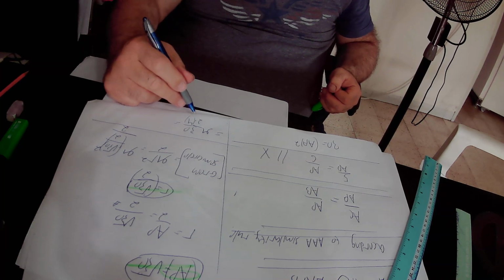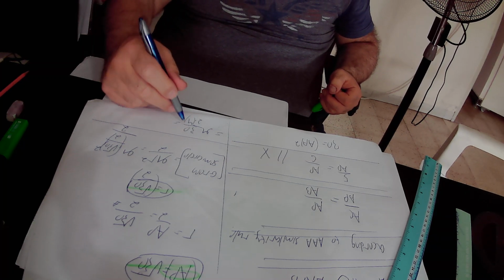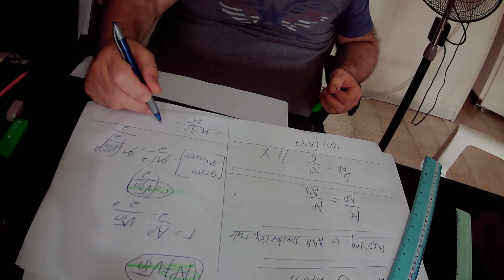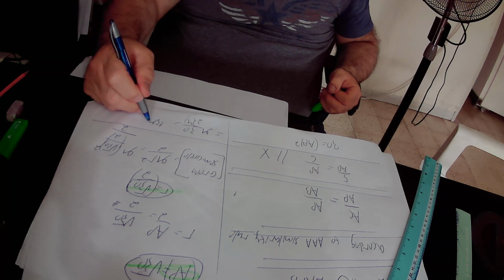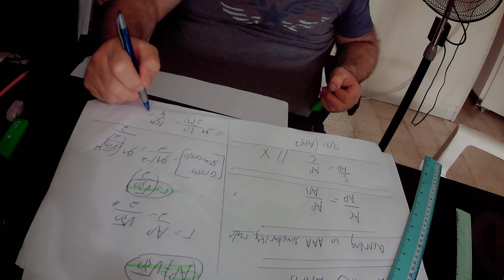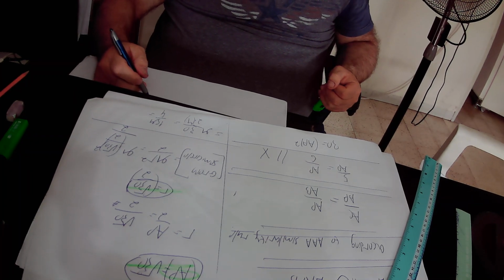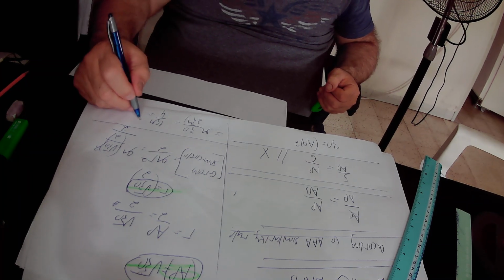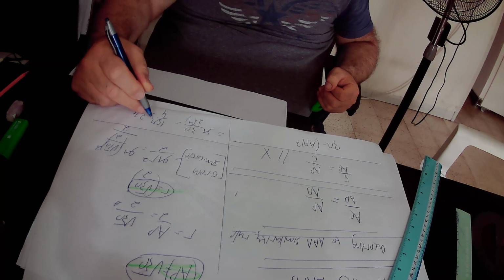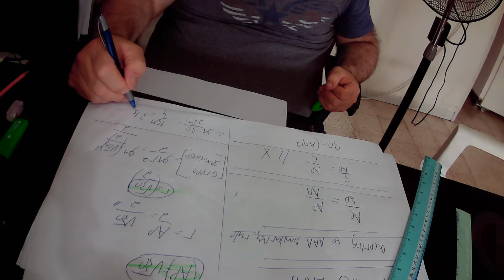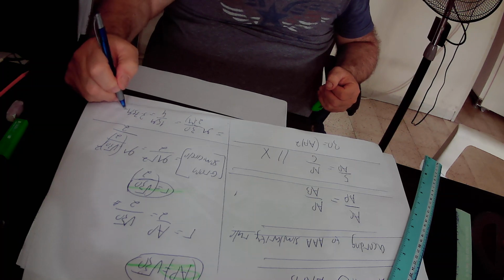And here, 30 over 2 is 15. So in total this expression equals 15 pi over 4 square units. 15 over 4 is 3.75. Therefore this expression equals 3.75 pi square units.